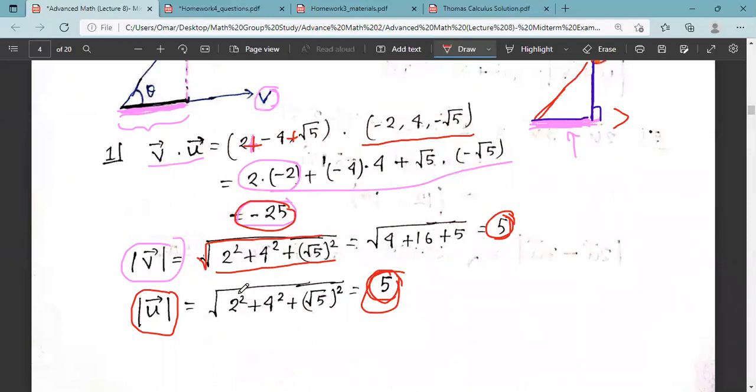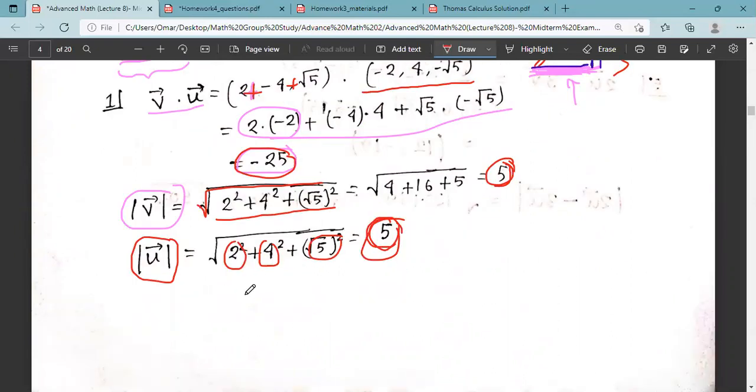So we write 2 square, 4 square and root over 5 square. 2 square is 4, and 4 is 8, 8 plus 5.